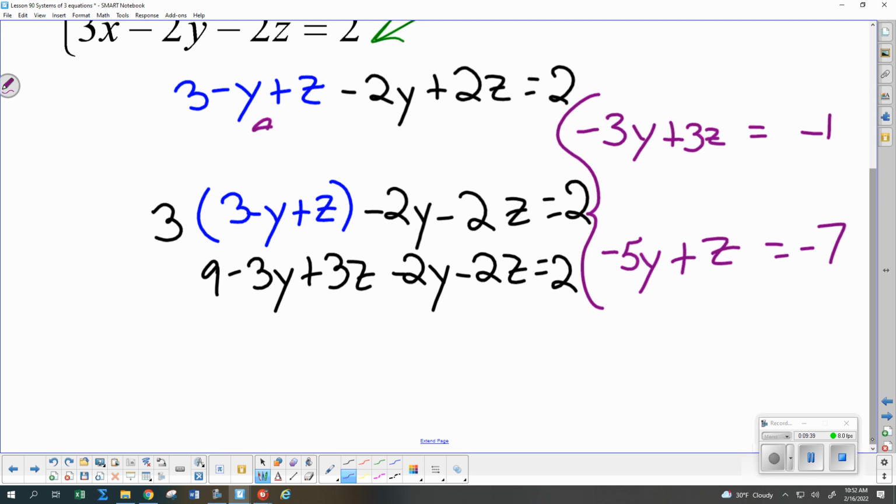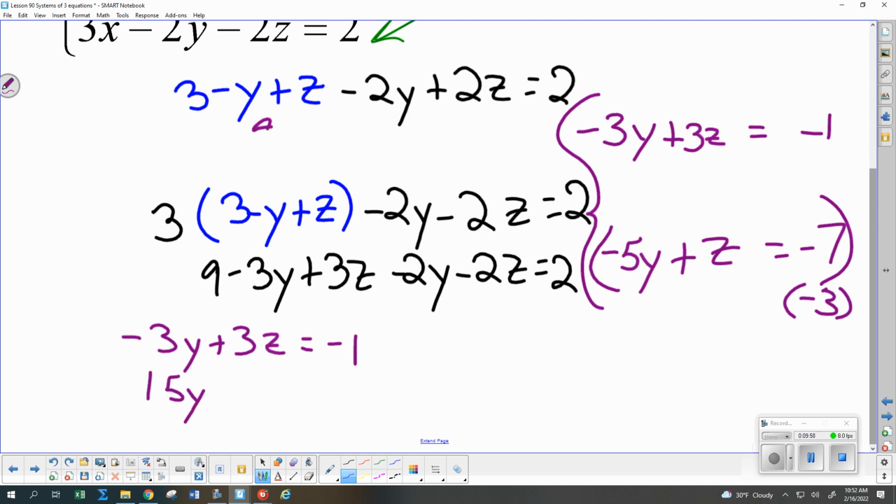So that means I'm keeping my first one, negative 3y plus 3z is negative 1. And multiplying that one by negative 3, is that what you guys want to do? The easiest, get rid of the z's? So if I multiply that by negative 3, positive 15y minus 3z is positive 21.